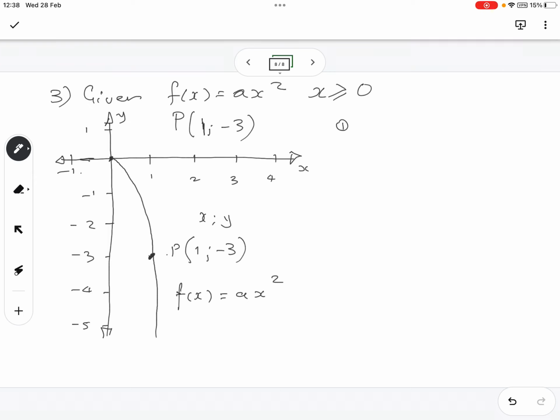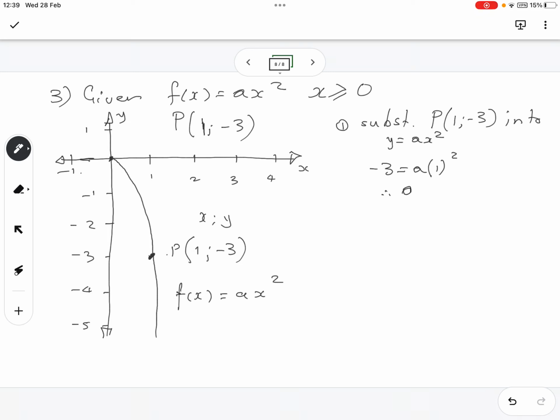So we can start by substituting point P, 1, negative 3, into y equals a x squared, and we will have negative 3 equals a times 1 squared.